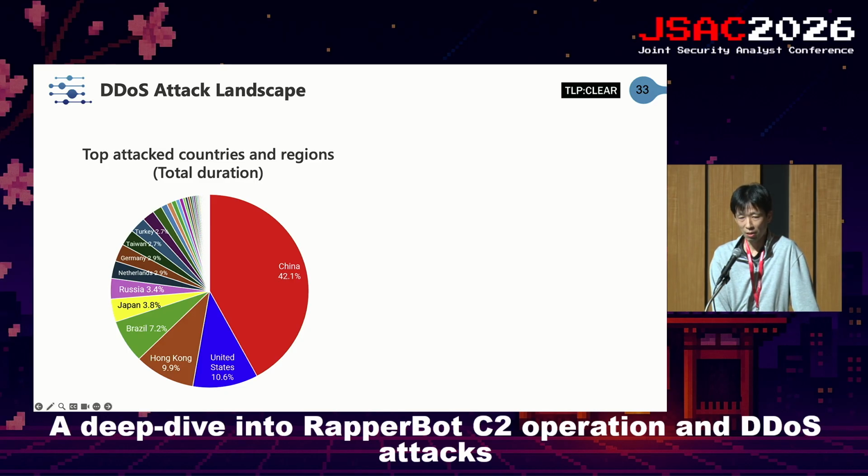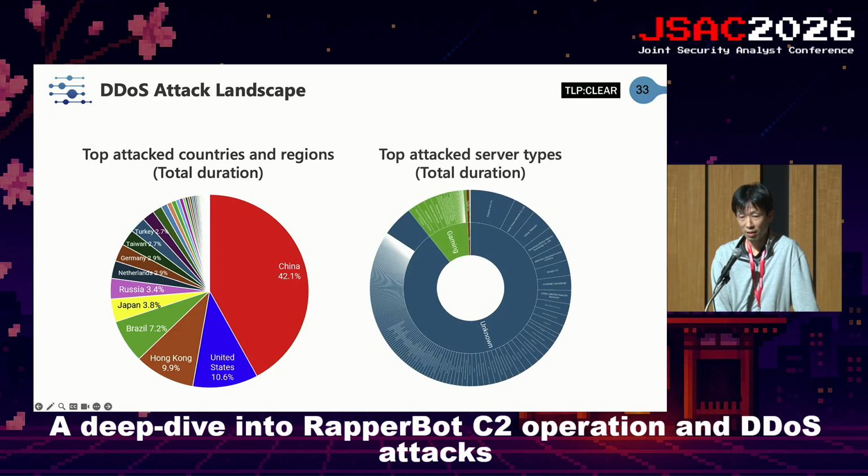And this shows the breakdown by countries and regions. More than 40% China, including Hong Kong, more than 50%. Japan accounts for 3.8%. But there are some cases where the Japan region cloud is used from China.